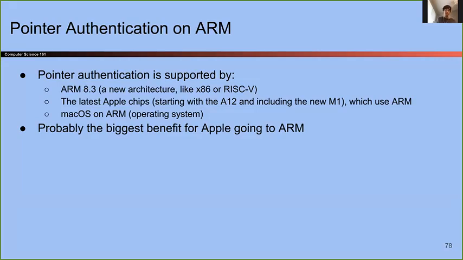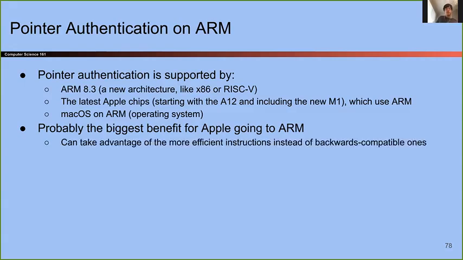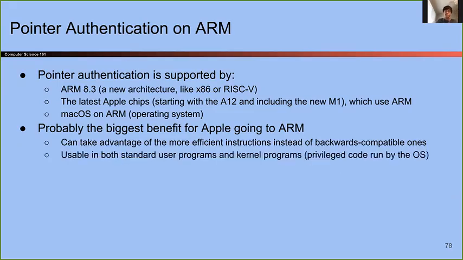So this is actually a benefit for Apple as they move to ARM systems, because they can take advantage of this pointer authentication and of more complicated instructions that don't work if your CPU doesn't support it, because Apple knows that all Apple computers are going to support it. So they pretty much don't have any performance overhead, unlike if they wanted to do it in a way that works on older CPUs. x86 doesn't have a similar defense.